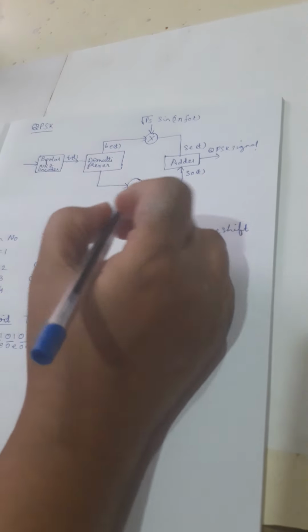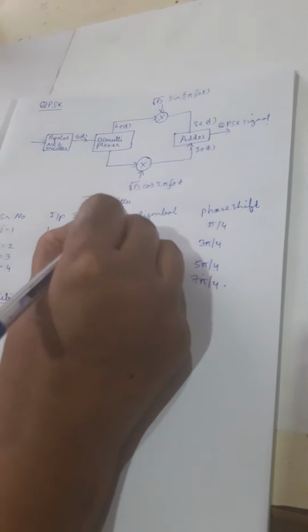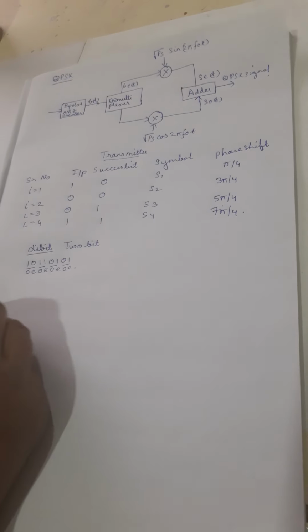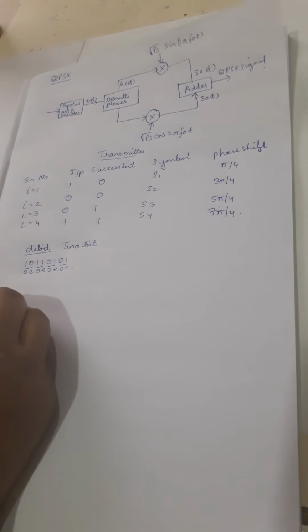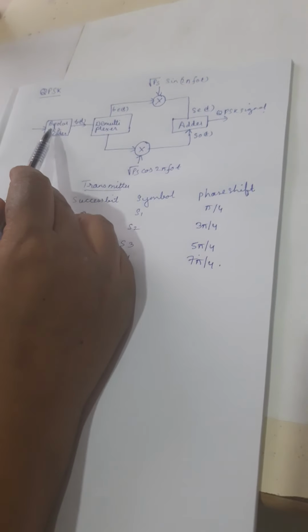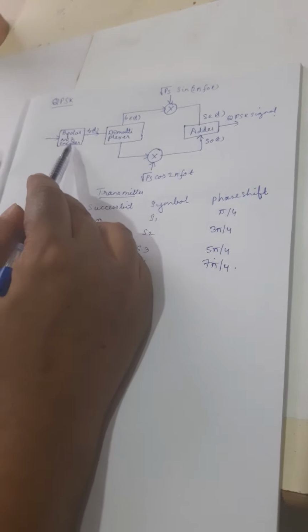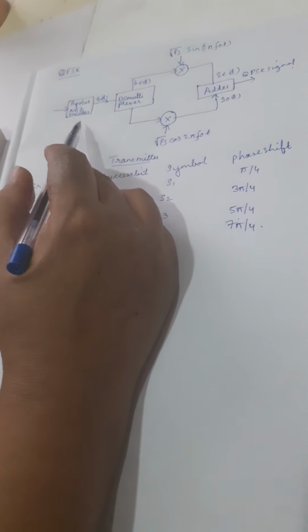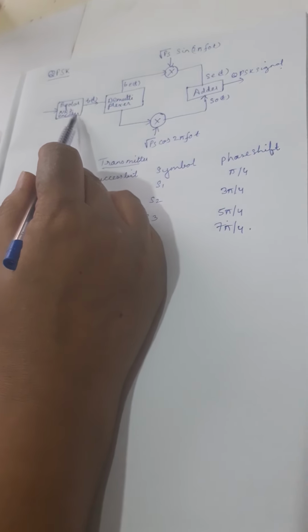Coming to the block diagram of the transmitter. Now, first step is, you can see, the conversion of NRZ signal to B of T. We all know this.